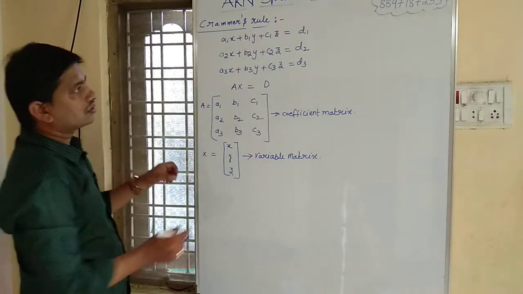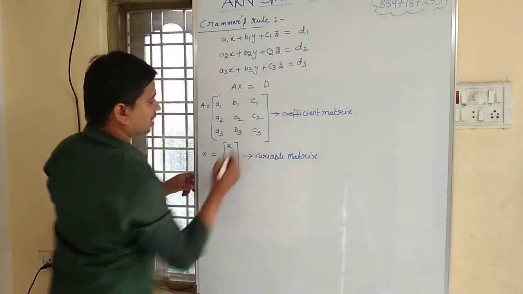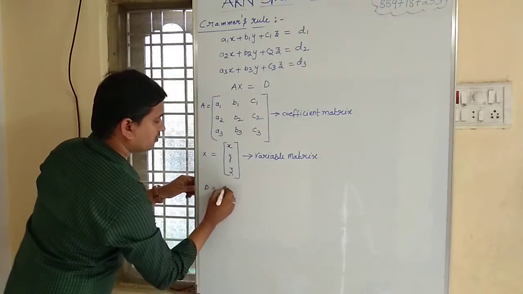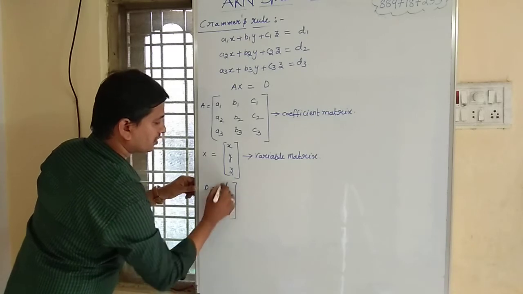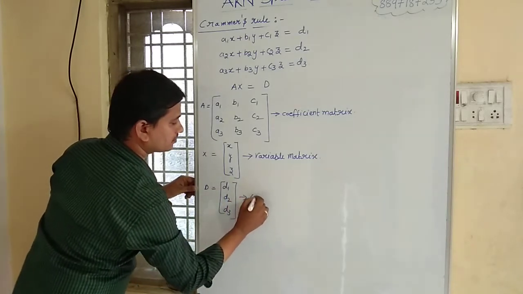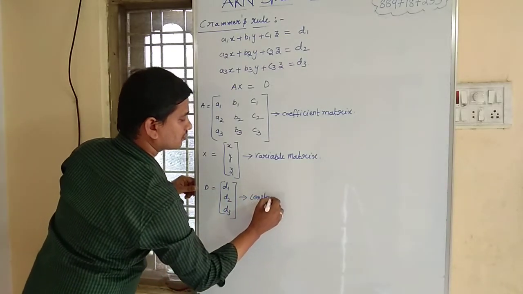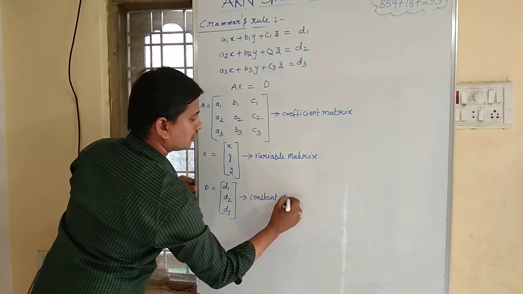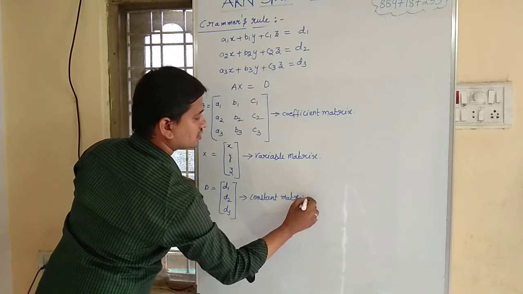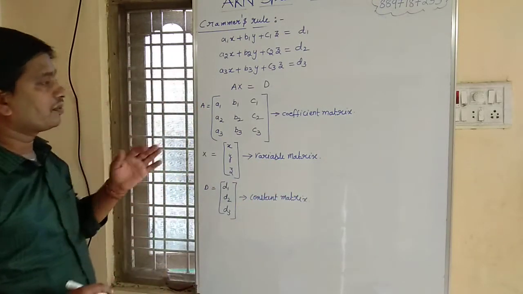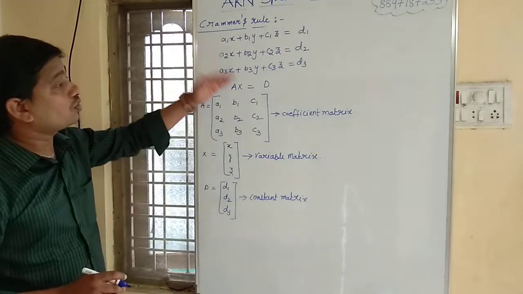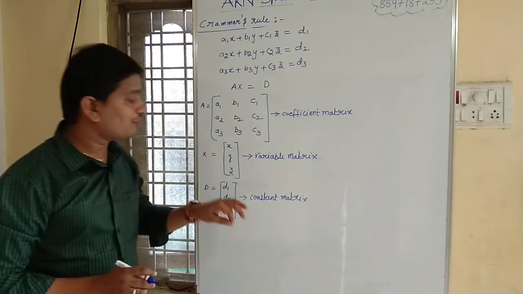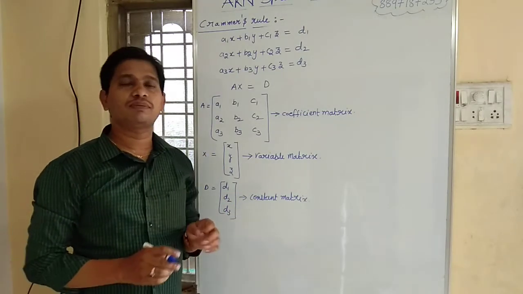And coming to d1, d2, d3, they are called constants. D is equal to d1, d2, d3, called the constant matrix. So this is called matrix equation form, with the coefficient matrix, the variable matrix, and the constant matrix.